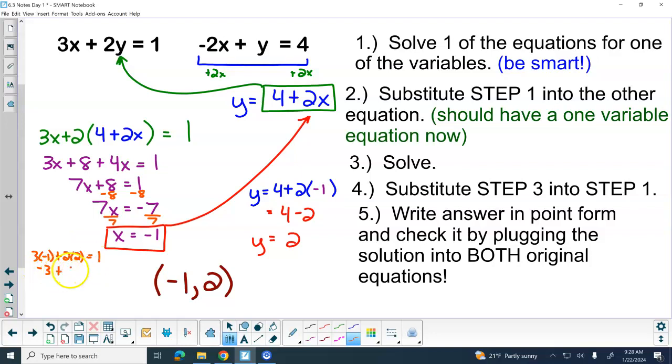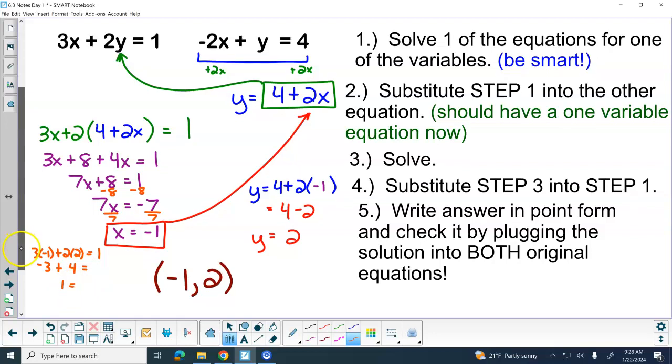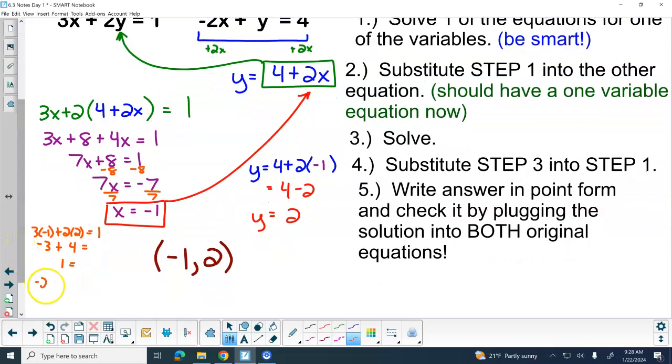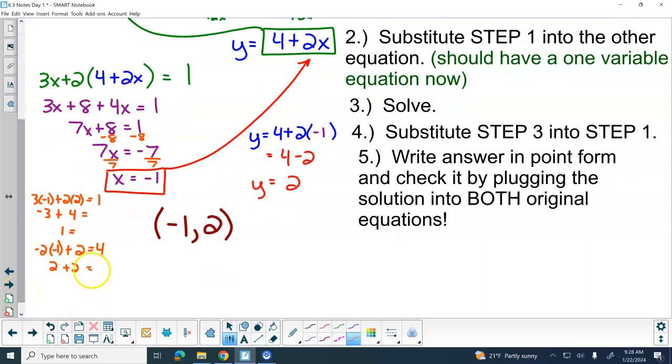Negative 3 plus 4 is 1. 1 is equal to 1. If I plug it back in the second equation, negative 2 times negative 1 plus 2 has to be 4. 2 plus 2 is 4. 4 is equal to 4. So therefore, that is our answer. We done did it.